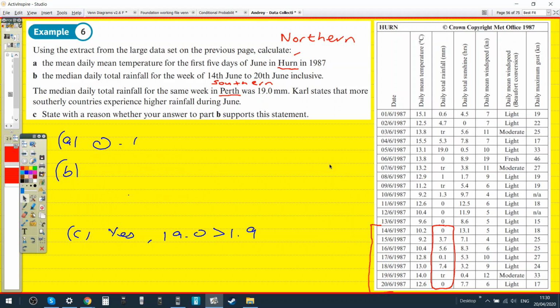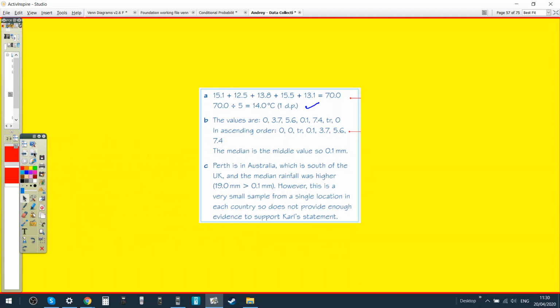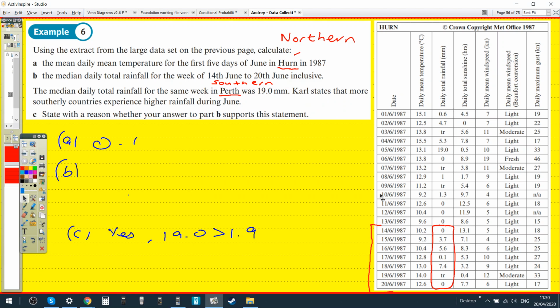And then for the third one, Perth in Australia, so 19 is greater than that. However, this is a very small sample from a single location in each country, so it does not provide enough evidence. Okay, so the sample size is too small to say that, because to make a judgment about like entire southern hemisphere versus entire northern hemisphere, this is based on 2 weeks of data back in 1987, so maybe it was just very rainy those 2 weeks.